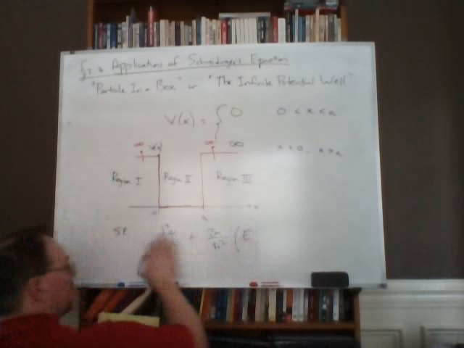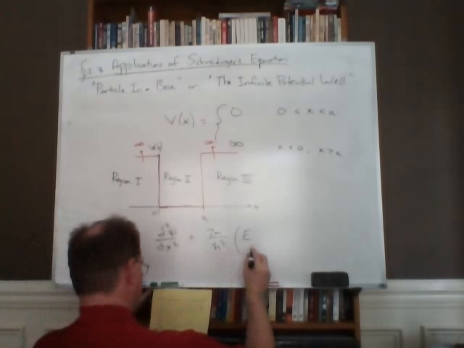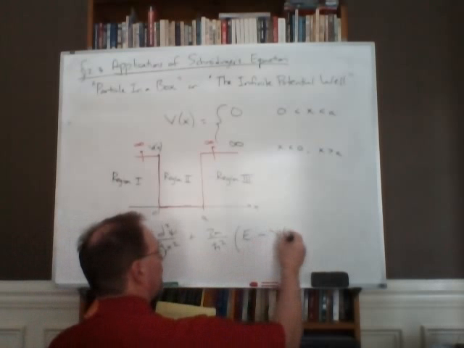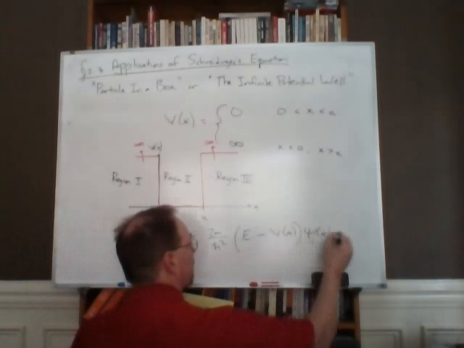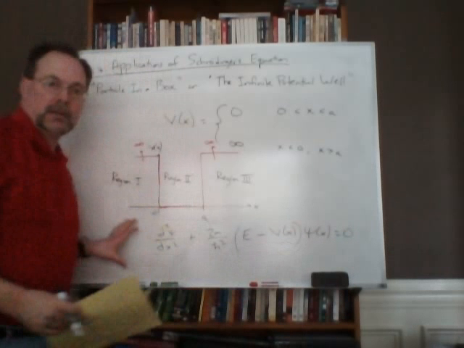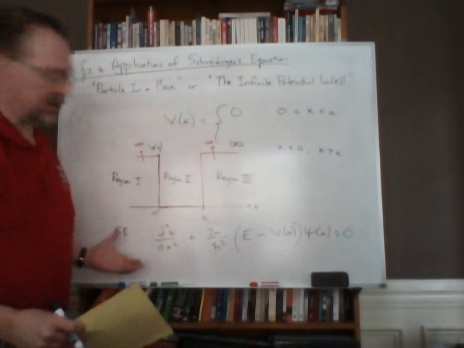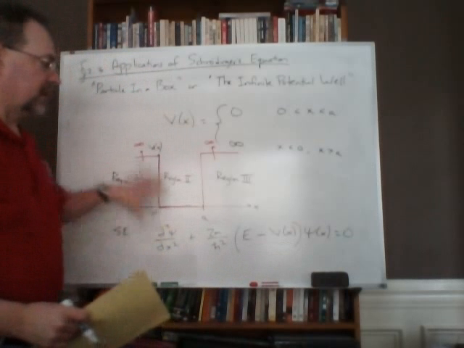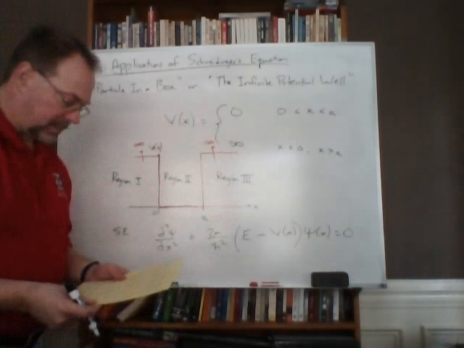So we have the second derivative of psi plus 2m over h bar squared times E minus V of x times psi of x equals 0. So this is a general form of the time-independent Schrodinger's equation in one dimension. We have not used any information in it yet.